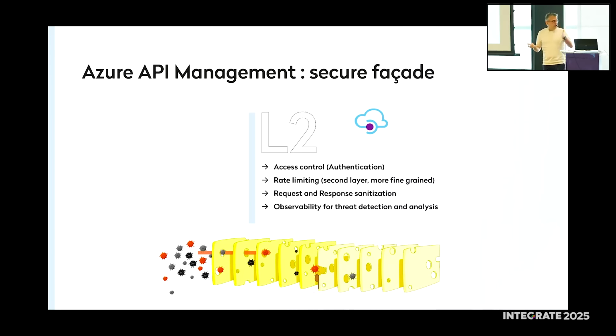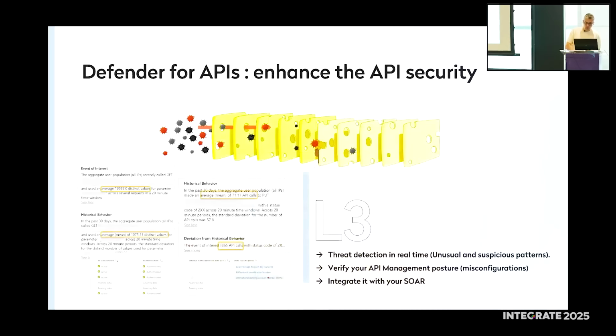Request response sanitization. A few hours ago, they were talking about new improvements on OpenAPI, schema validation, and so on. So all of this kind of validation and sanitization in and out, you can do it over there. And great, we have this single point of entrance, so we can have all of the observability that we want.